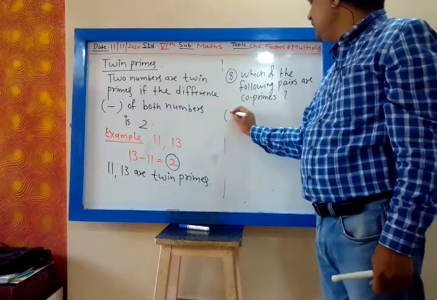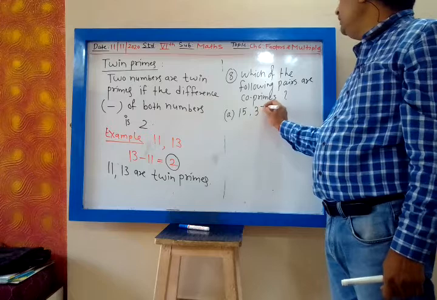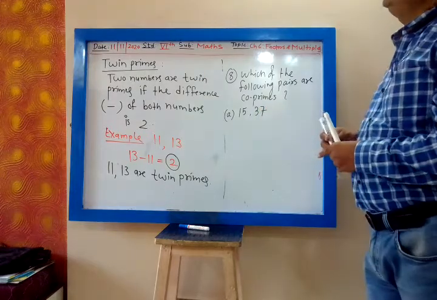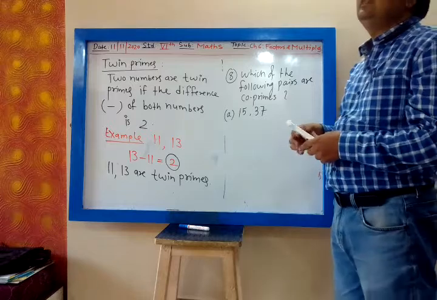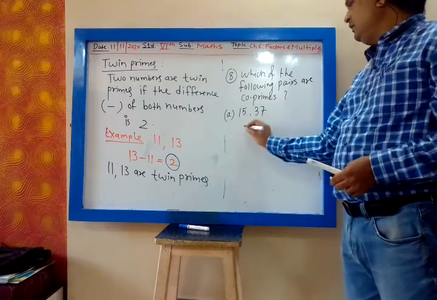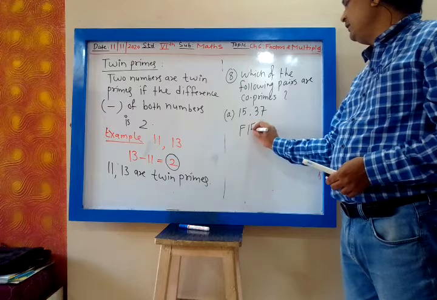A. 15 and 37. You are given the pair of two numbers, 15 and 37. Now we want to check whether they are co-primes or not. So I will find the factors of 15 and 37. F15 means factors of 15.